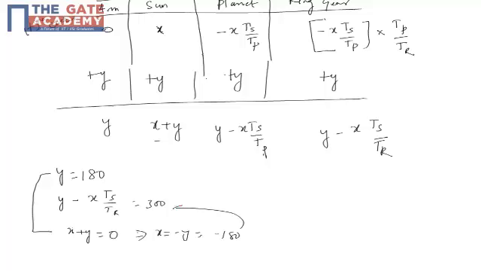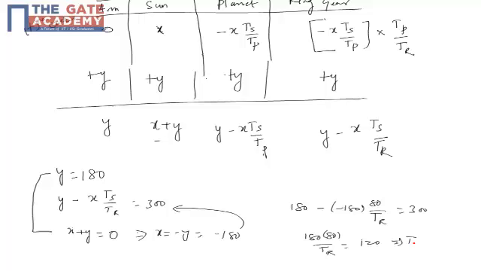Now we substitute everything here. y is 180, minus x is plus 180, ts is given as 80, tr is something we need to find out. So this is 180 plus 180 into 80 by tr, and the right hand side is 300 minus 180, which is 120.